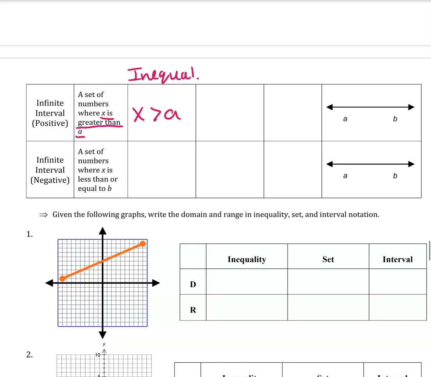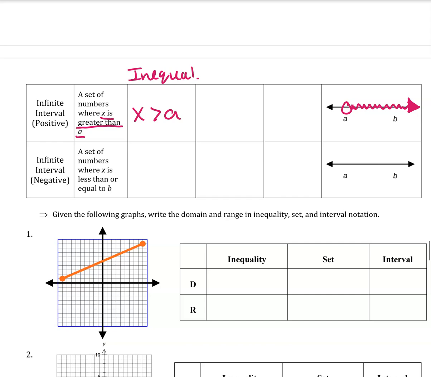Now on our graph, we know how to graph that, right? On A, there's no line underneath, so you'd put an open circle, and then this inequality is pointing to the right, so you draw your line to the right, and it's going on and on forever because it's talking about everything that's greater than A, and there's tons of numbers that are greater than A.